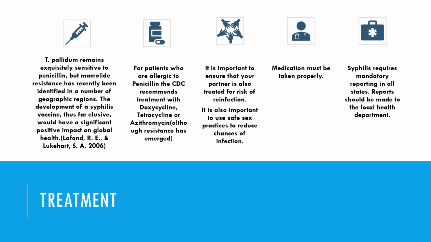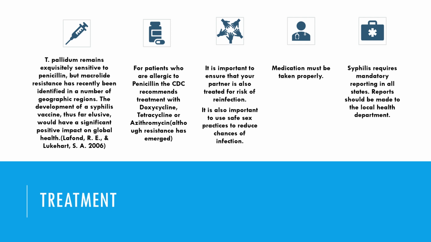Although there's no vaccine for syphilis, penicillin remains a very effective form of treatment. For people who have an allergy to penicillin, doxycycline, tetracycline, and azithromycin have all been approved and recommended for treatment, although there has recently been instances of azithromycin resistance. It's important to take medication properly to ensure infection has cleared.